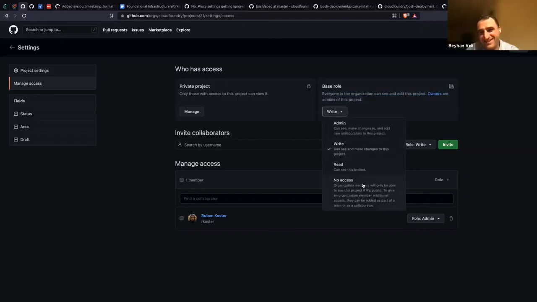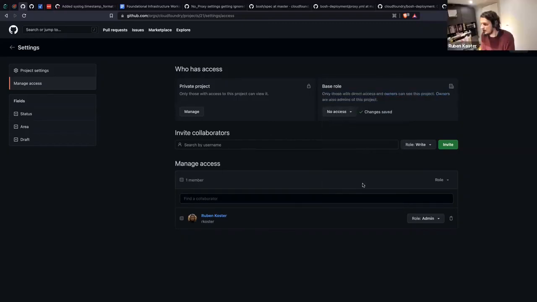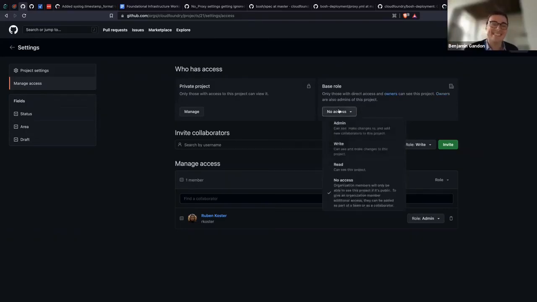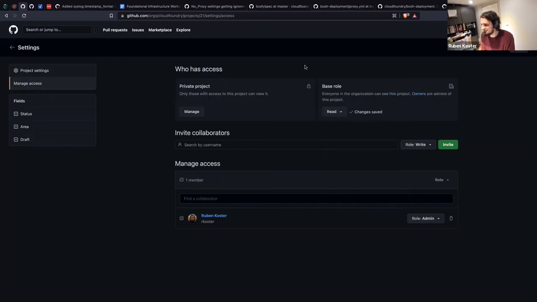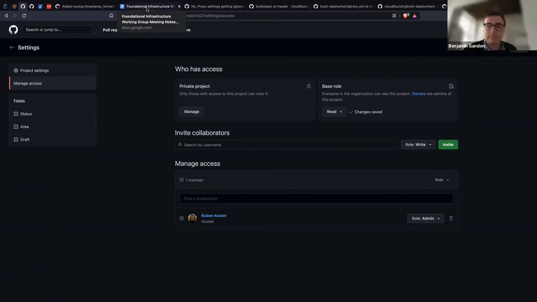If I set no access, I don't see it anymore. Okay, that makes sense. That's solved, thanks for bringing that up. Read access, I think, should be the base, and I will give the rest of you access once everything is set up.